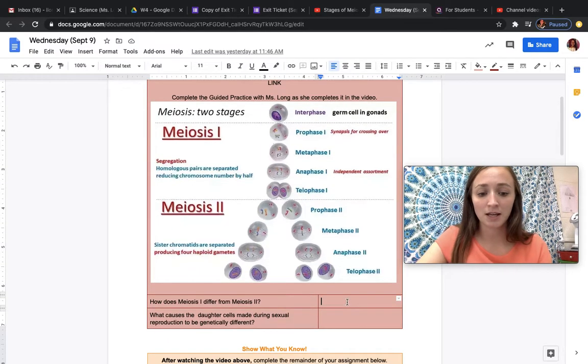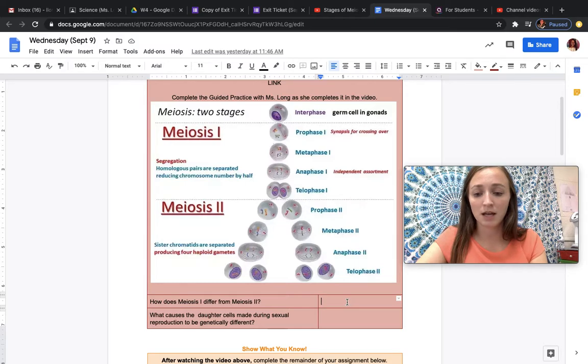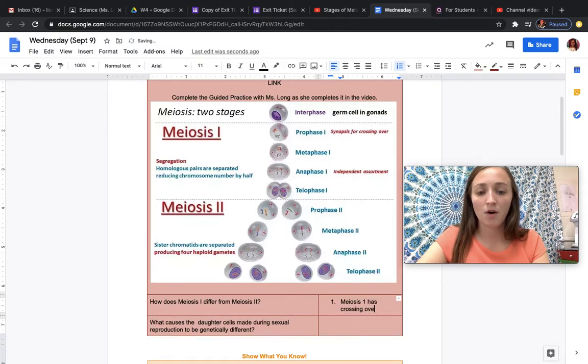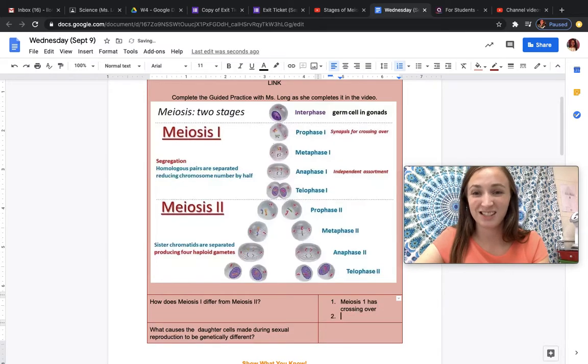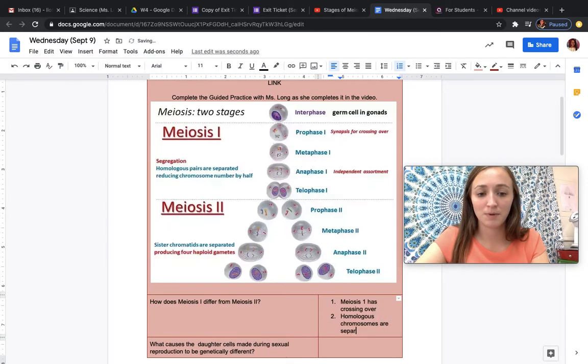Well, first, in meiosis 1, let's put number 1, meiosis 1 has crossing over. So those chromosomes in prophase 1 are going to cross over. Also, and it actually says it right there in the picture, the homologous chromosomes are separated in meiosis 1.